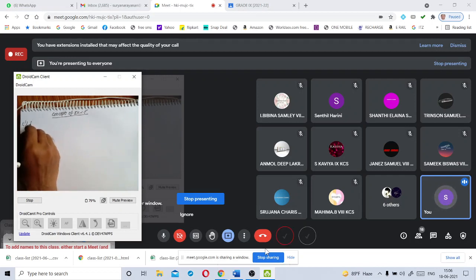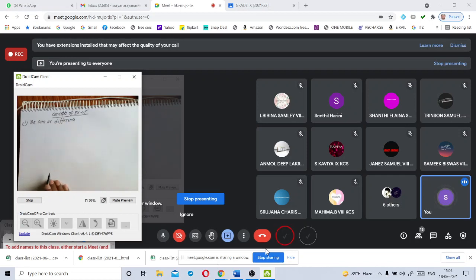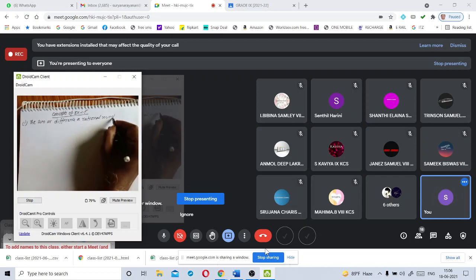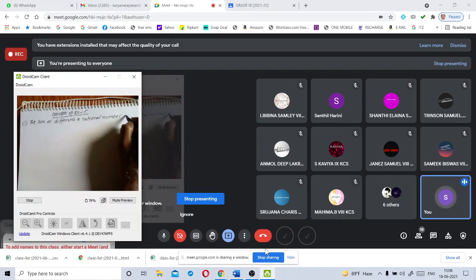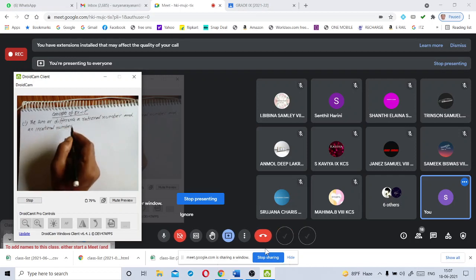The first point is the sum or difference of a rational number and an irrational number is irrational.